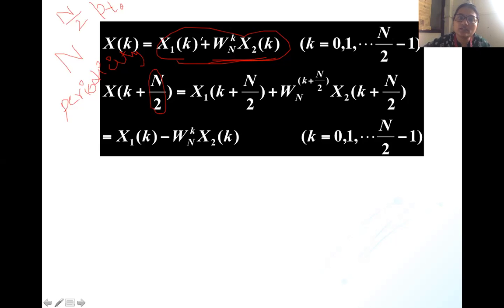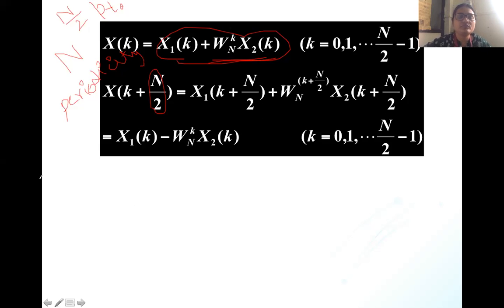So this upper equation is going to be modified as X of k plus N by 2 is equal to X1 of k plus N by 2 plus W raised to k plus N by 2 suffix N into X2 of k plus N by 2.